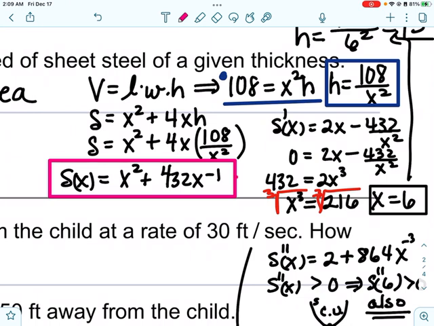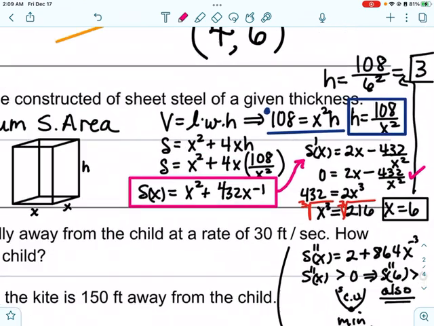Then what we want to do next is take the derivative of the surface area. When we do, we get 2x minus 432 over x squared. We're looking for critical numbers, so when we set that equal to 0, we get x equal to 6 for a critical number.